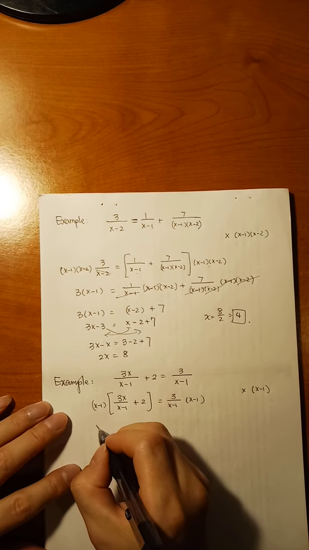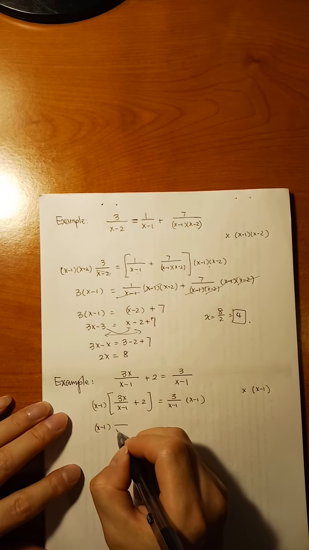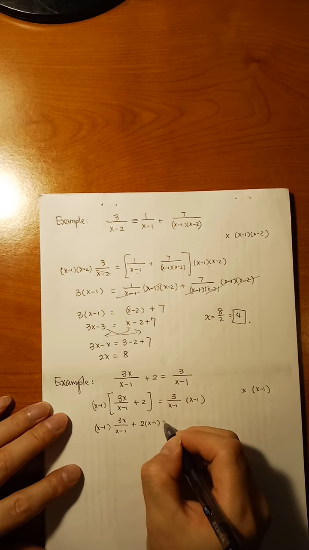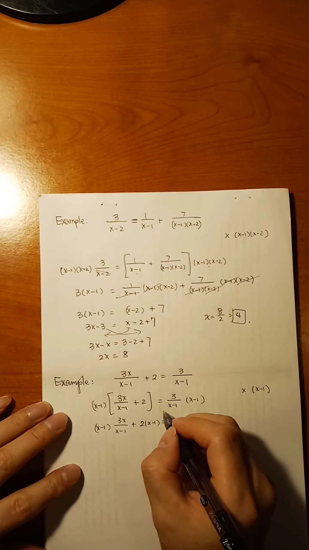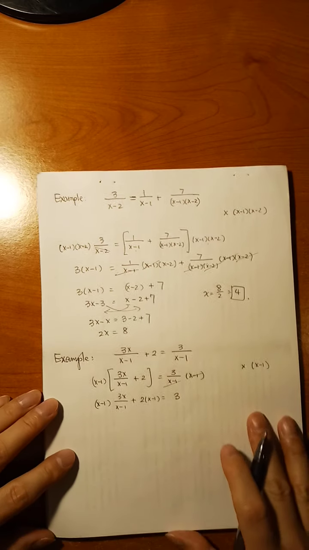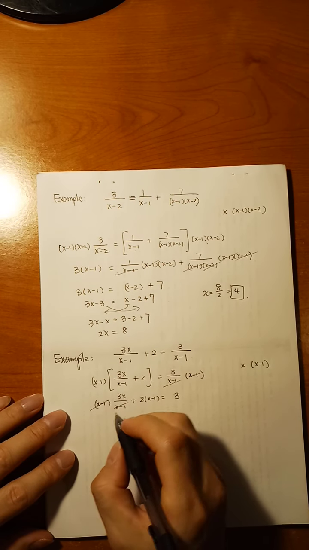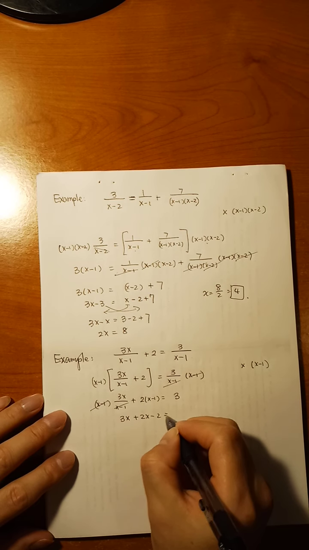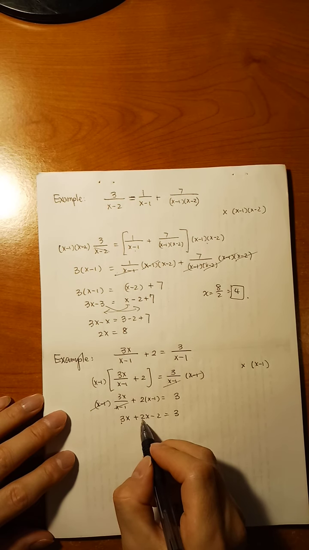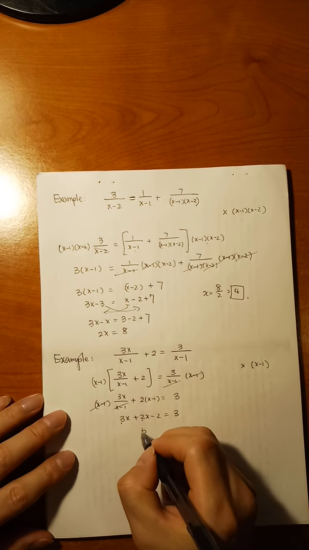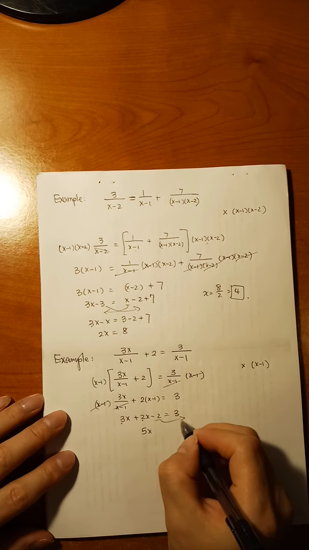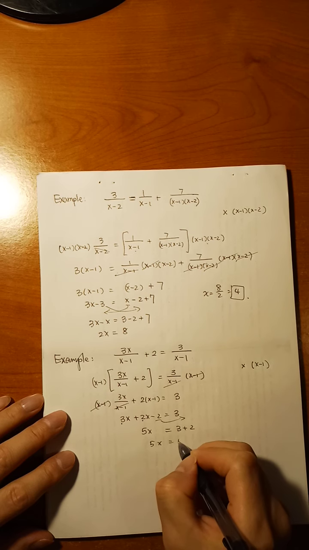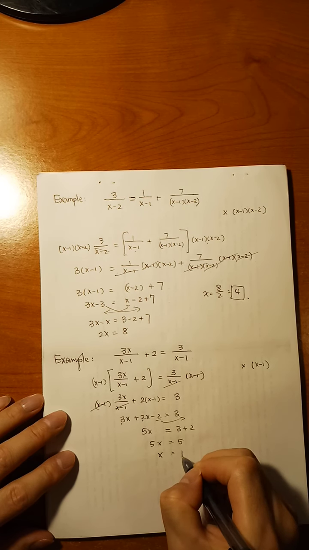This part we already cancelled, you get 3. Here x minus 1 is cancelled, 3x plus 2 times x minus 1, that is 2x minus 2. So 3x plus 2x is 5x. The 2 moves to the right side, 3 plus 2. 5x equals 5, and x is 1.